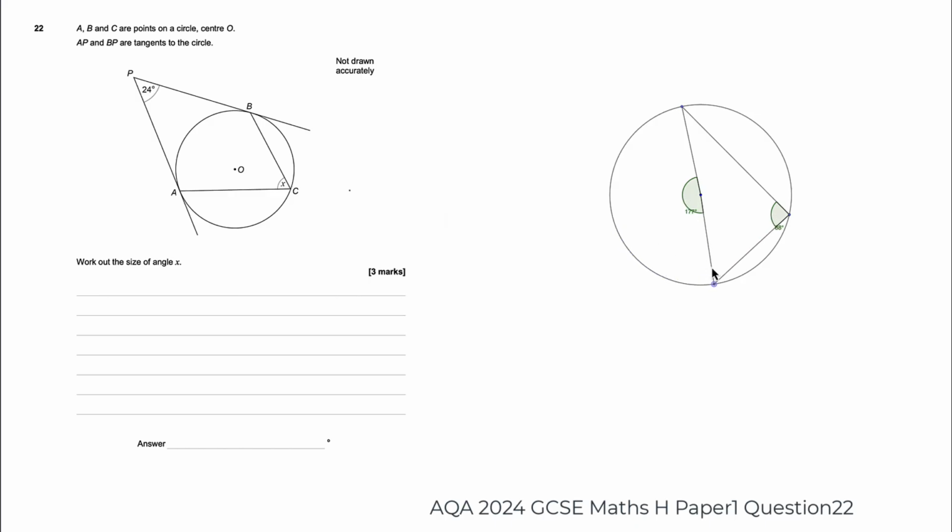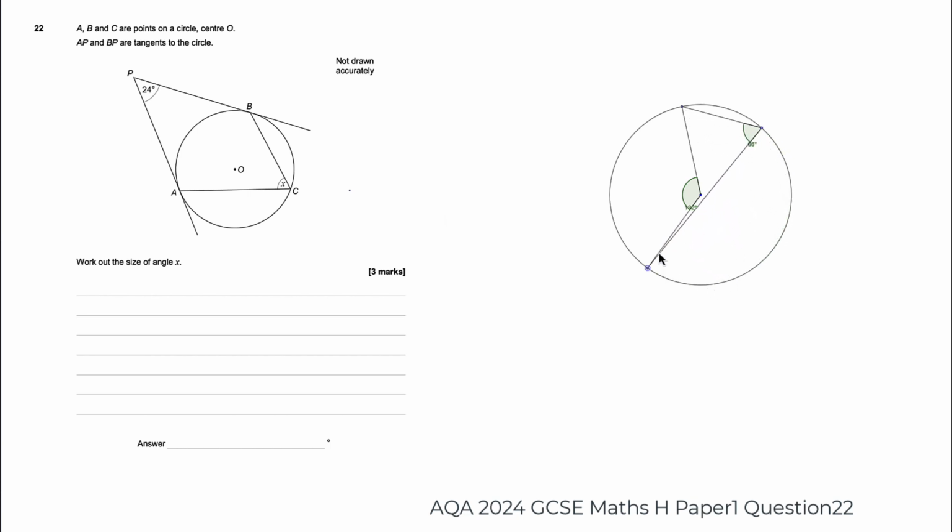A particular case is when the angle at the centre is a straight angle, 180 degrees. Then we've got an angle in a semicircle which is 1/2 of 180, that's 90 degrees. And that's another result that you should know. The angle in a semicircle is always 90 degrees.